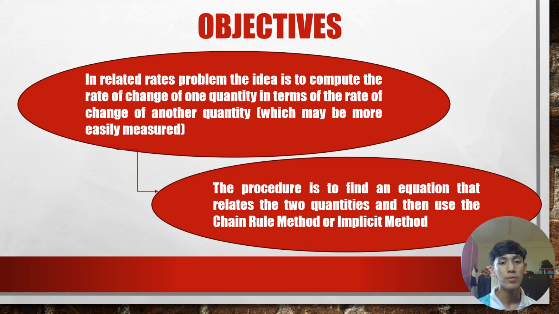The objective in related rates problems is to compute the rate of change of one quantity in terms of the rate of change of another quantity, which may be more easily measured. The procedure is to find an equation that relates the two quantities and then use the chain rule method or implicit method.